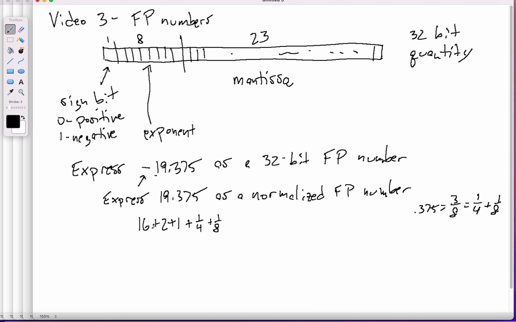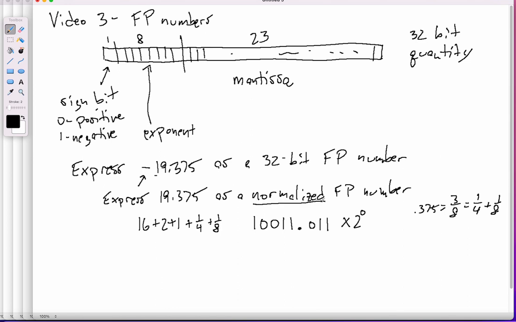If I wanted to express this in binary, that's a 16, an 8, a 4, a 2, a 1. That got me the 19. And then I put a point. There are no halves. There is a 1/4, and there is a 1/8. And that is times 2 to the 0.